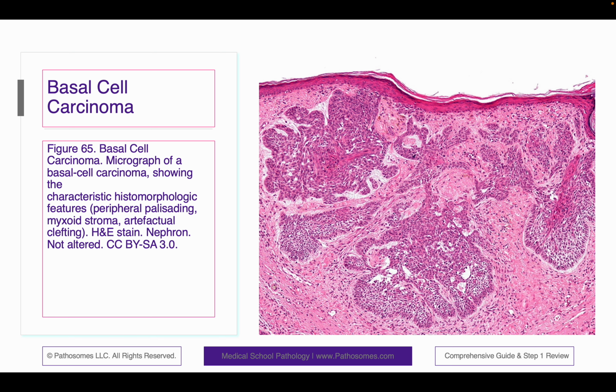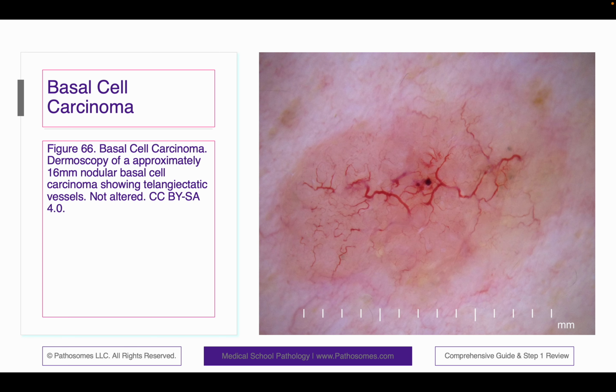Note the peripheral palisading, myxoid stroma, and artifactual clefting. And here we can see utilizing a dermoscopy of an approximately 16 millimeter nodular basal cell carcinoma showing telangiectatic vessels.